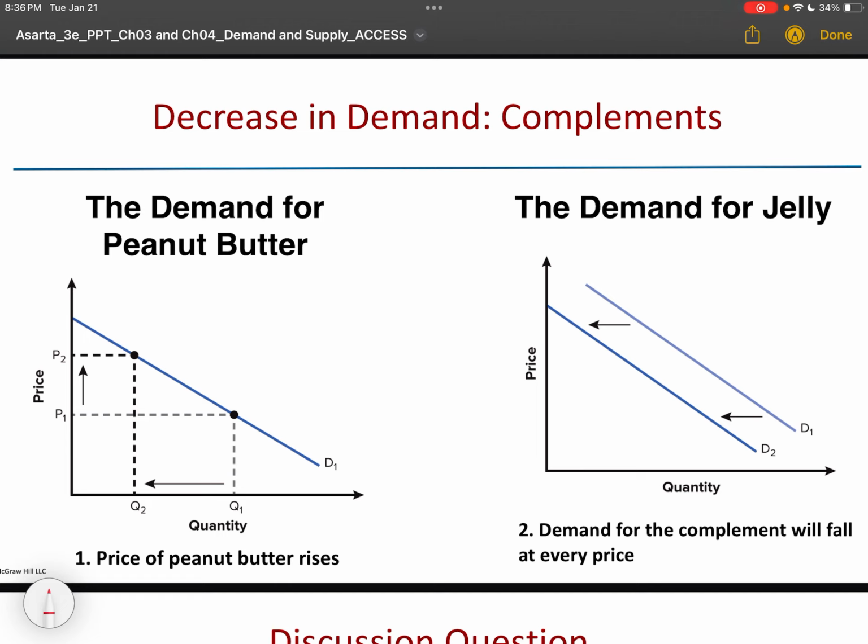But in this class, I'll tell you what the goods are and how they are related, instead of having you figure that out. So here, if the price of peanut butter goes up, then the demand for the complement should fall at every price, because, well, you can't afford the other good. Why buy the one you consume with it? You see.